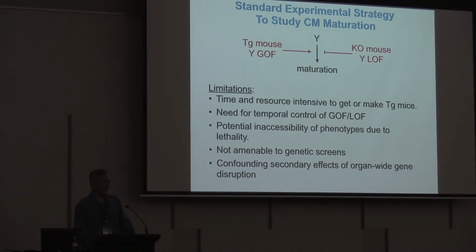Some phenotypes are not accessible due to lethality. They're not amenable to genetic screening. And I think one key limitation is that when you manipulate a gene in an organ, you'll often get organ-level phenotypes that really confound your analysis of the cell-autonomous function of the gene.